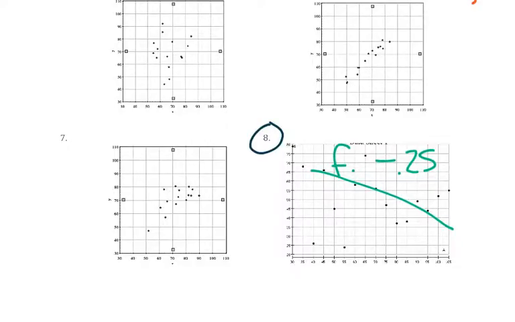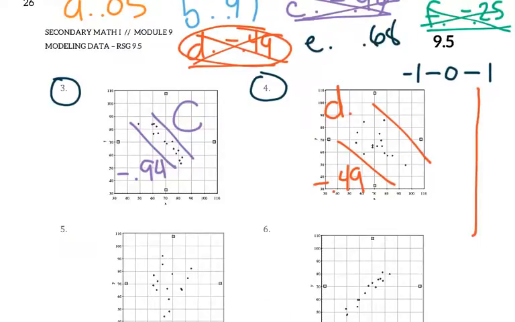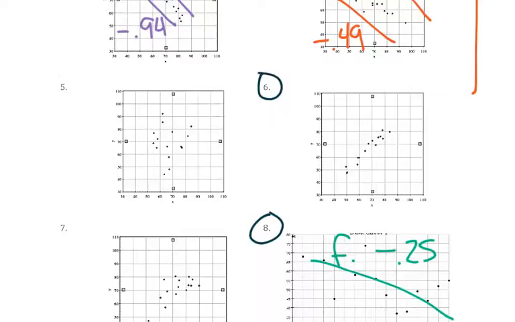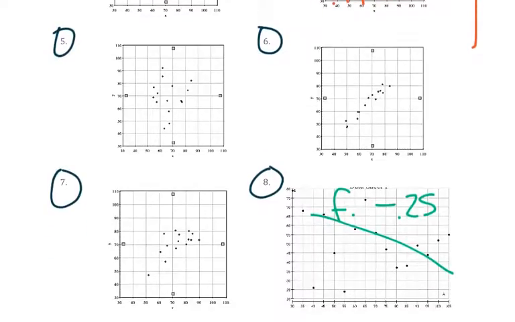Now let's look at our positives. For our positives, we have 6, 5, and 7. You can see that's going to be your bigger positive number, to this one. Then this one's much more spread out.